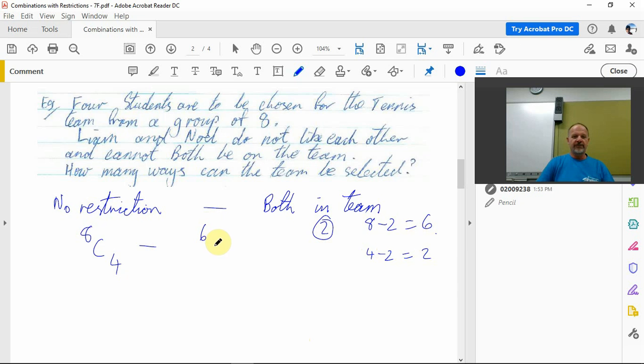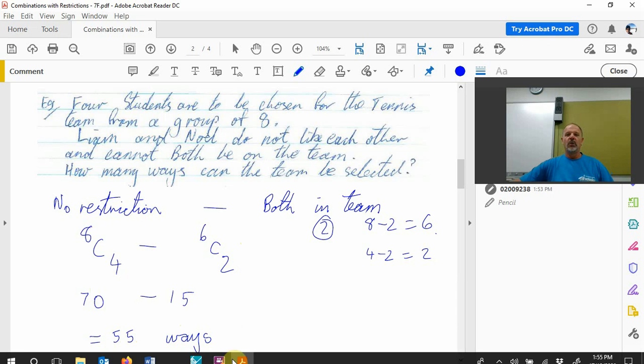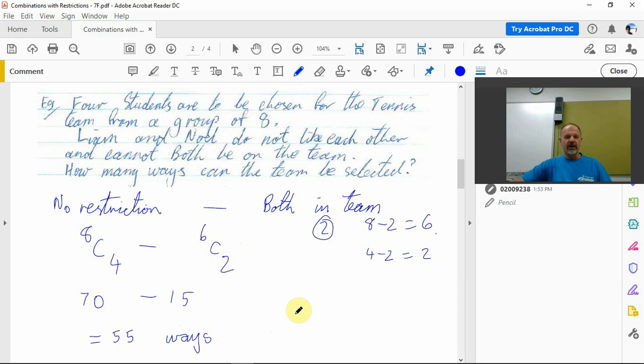Of the 6 left, we need 2 more to make up the team. On your calculator, 8C4 is 70. 6C2 is 15. So there's 70 teams possible, and 15 of those teams have both Liam and Noel in it. So there's 55 ways that we can select the team which doesn't have those 2 in it.